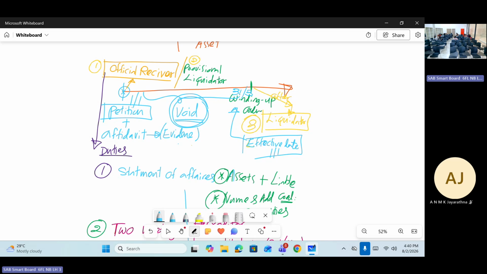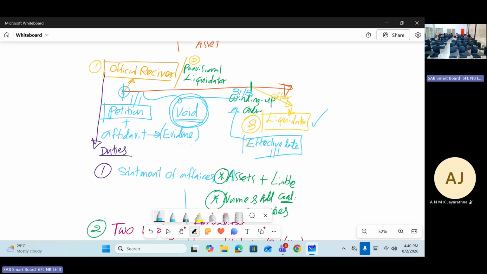This statement is to be given to the official receiver. The second duty is to call two separate meetings, one with creditors and the second with contributors, in order to decide whom to appoint as liquidator.